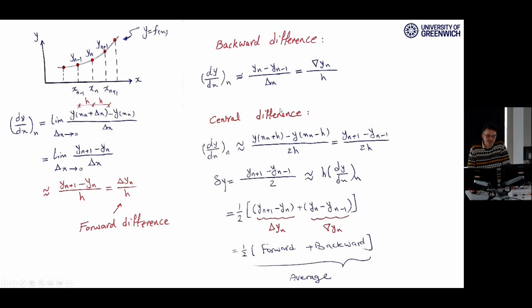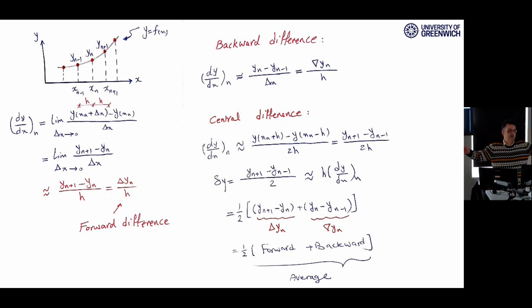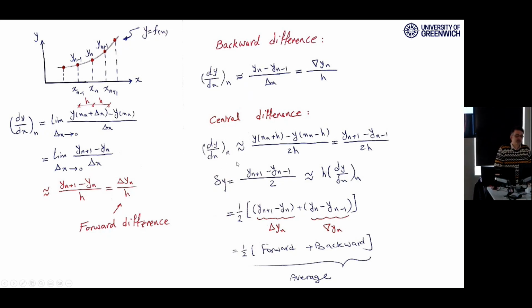and central. Central difference tries to use both of the points, the forward and backward, to have some average between them. So it says you can define the derivation of a function at something like the next point minus the previous point, but divided by 2 delta x or 2h.